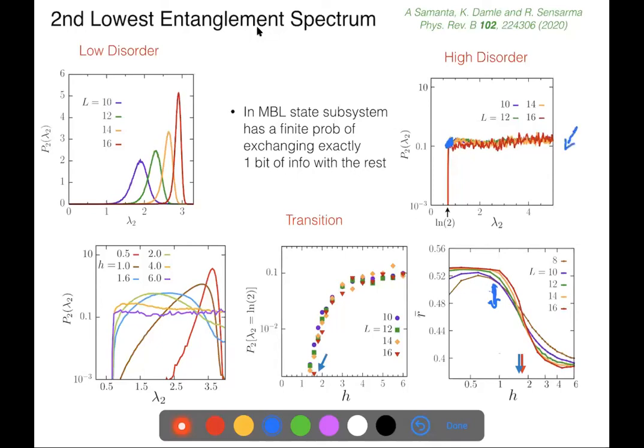One way to think about this point is that you have this cut, and what you are doing is exchanging one singlet bond across this cut. That will give you exactly log 2.